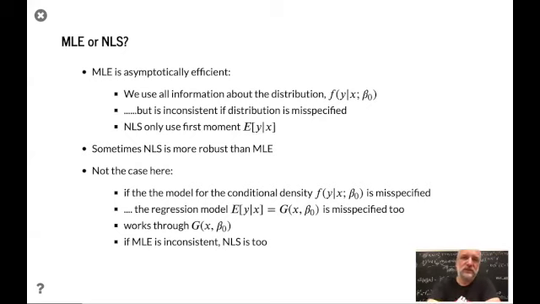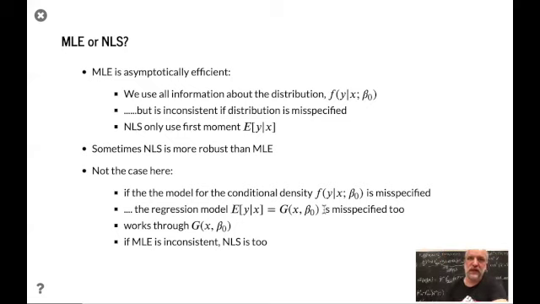But really, it's not the case here. Because if we have misspecified our model for the response probability, so that our conditional density here is misspecified, it means that G is wrong. And we know that the conditional mean was equal to the response probability, so you got that wrong too.